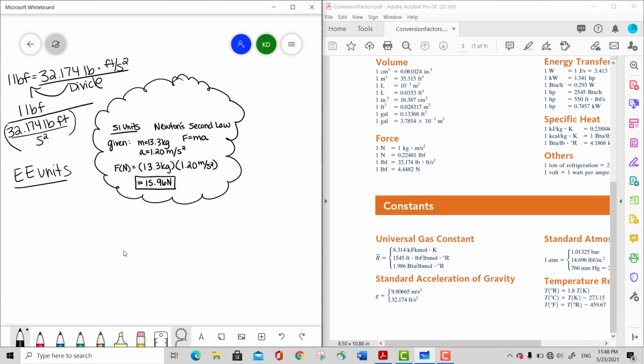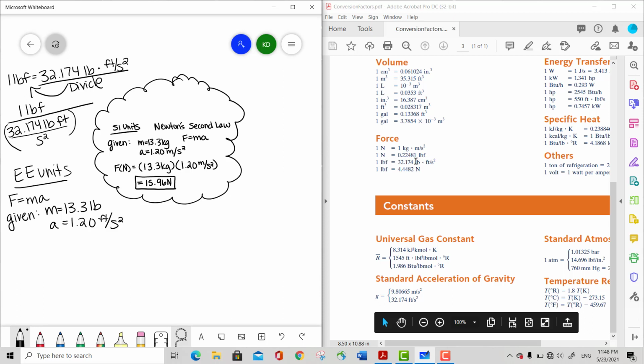So let's just plug in like we did before for our SI units. We're going to use the same given. So here's our formula again, and then our given is mass equals 13.3 pounds this time, because we're in EE units. And then acceleration is 1.20 feet per second squared. So we still have the same units in there.